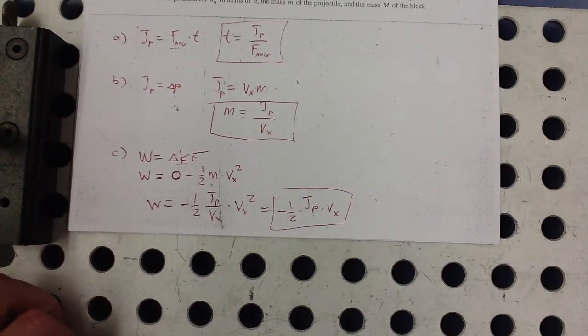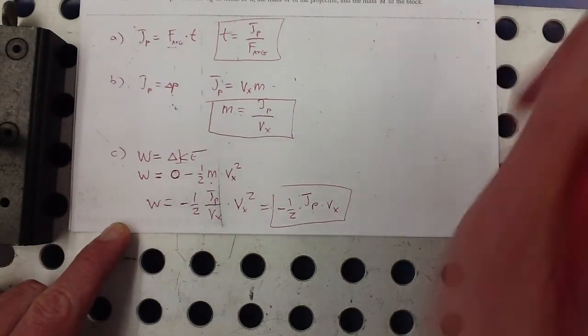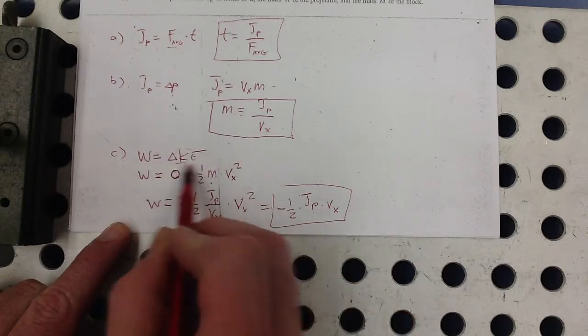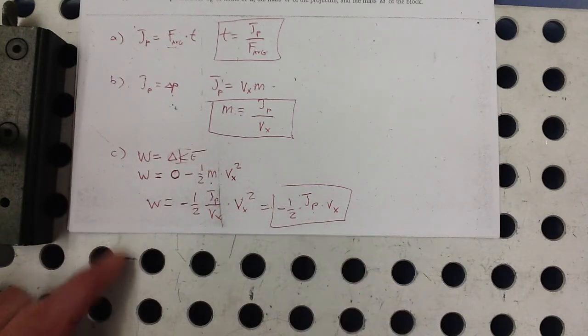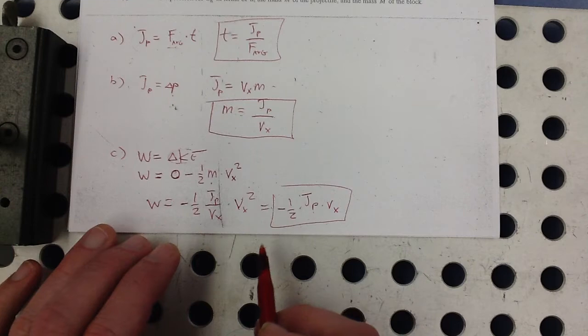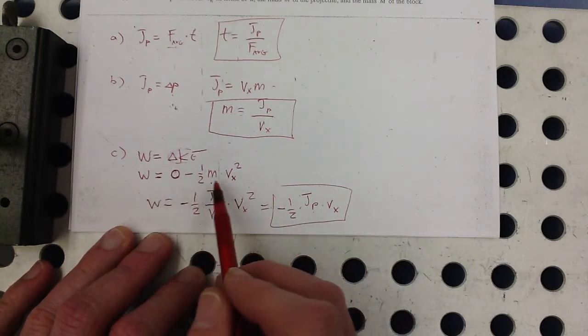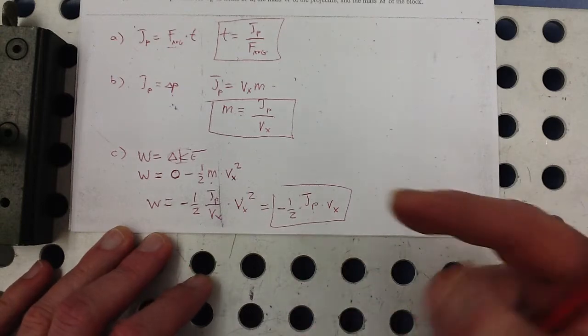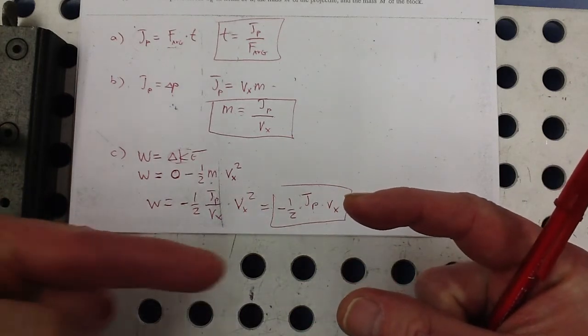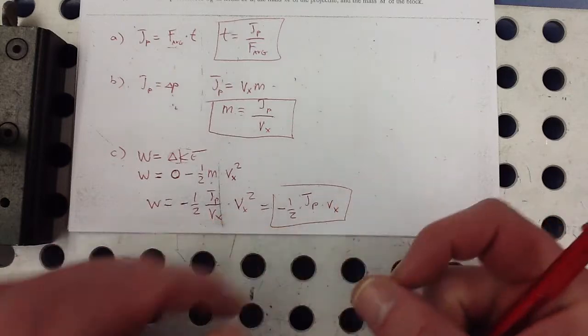That's the work done. Notice that that's equal to its initial kinetic energy. That's going to be important later on. And you got, I think, 2 out of 3 points if you got this, but you didn't have the negative sign. You do need to understand that the block is doing negative work, because this is coming in and it's losing energy, so that's negative work.